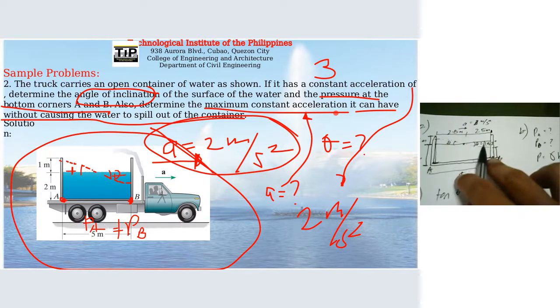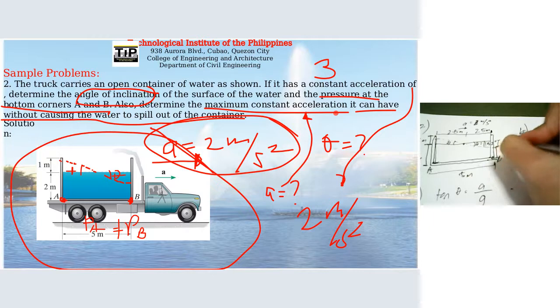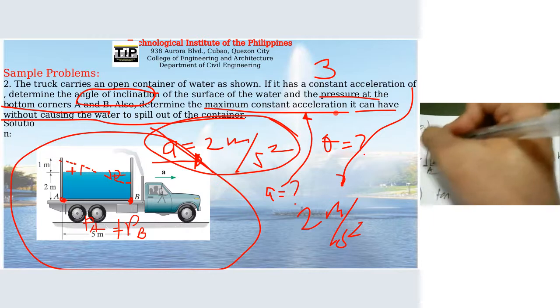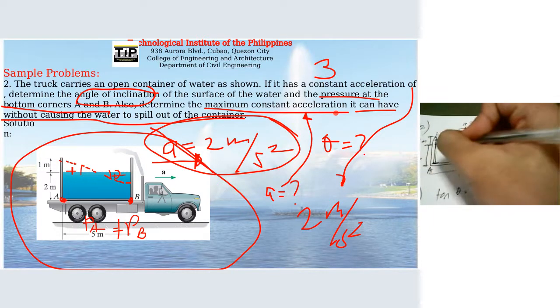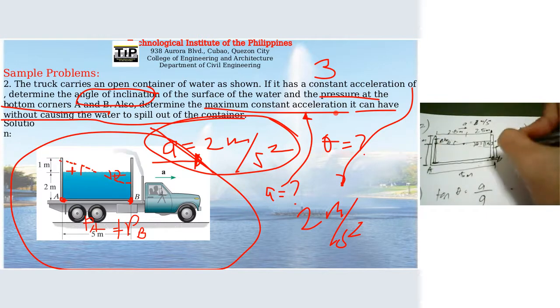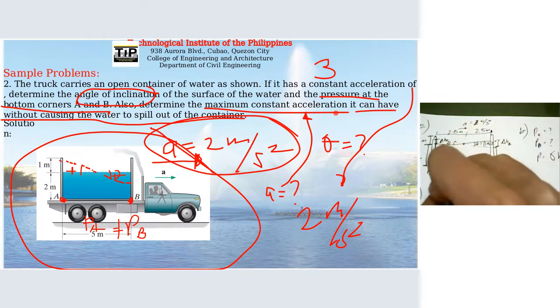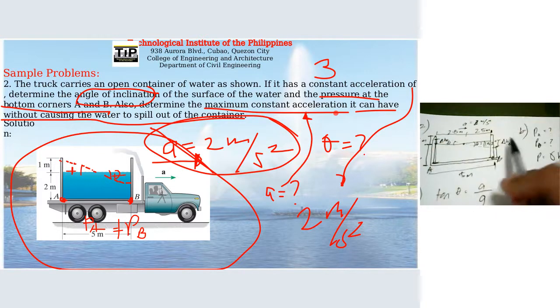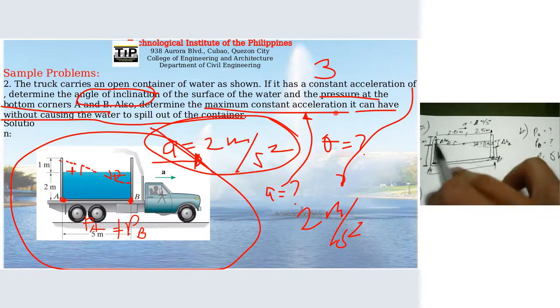Now, if we know the angle of inclination and we have 2.5 meters here, this is a right triangle, we can use the tangent function to determine this delta H of point B and delta H of point A. Okay, so that's the change in the height at this point and this point.